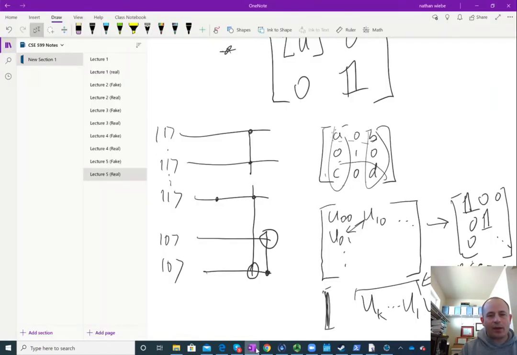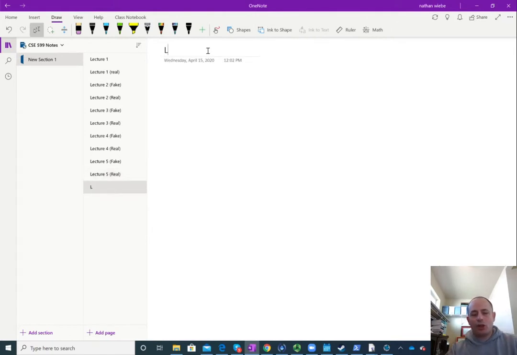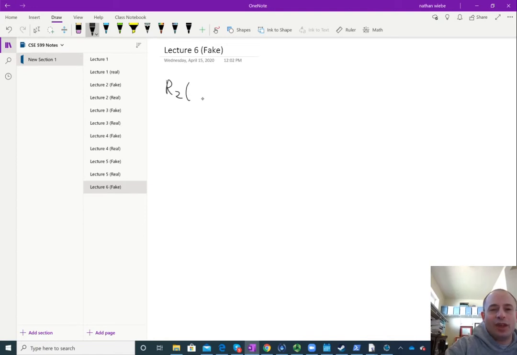And the way that our argument goes, let's make a new page, 6. All right. The way that our argument goes is that we're going to want to figure out a way of implementing RZ of some angle gamma over here.